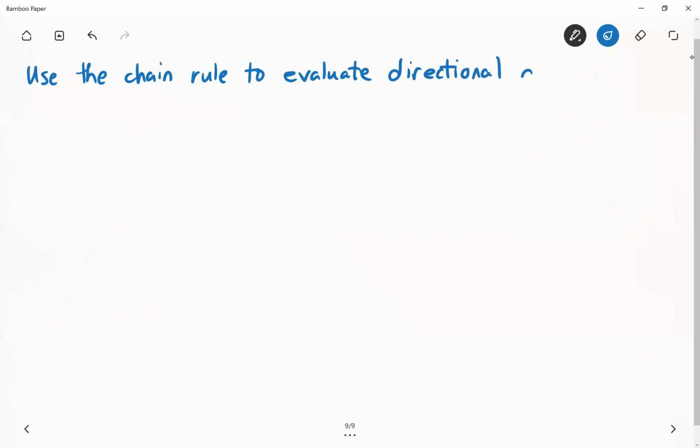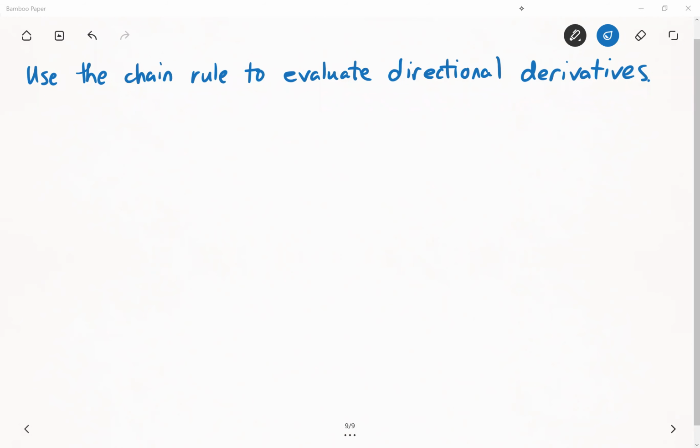Again, the goal is we're going to use the chain rule to, let's say, evaluate directional derivatives. Or at least it's going to give us a way of deriving a formula. So we're using the chain rule to evaluate directional derivatives.